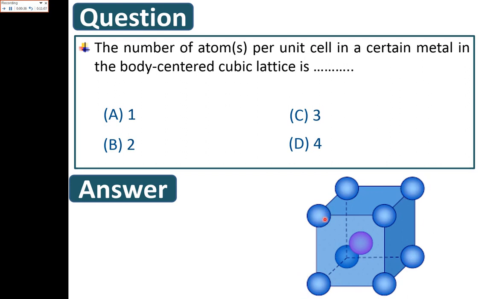Every one participates by 1/8 to that unit cell. So overall the atoms in the corners contribute a single atom, and we also have another atom in the middle of the box. So overall we will have 2 atoms. So the answer will be two atoms.